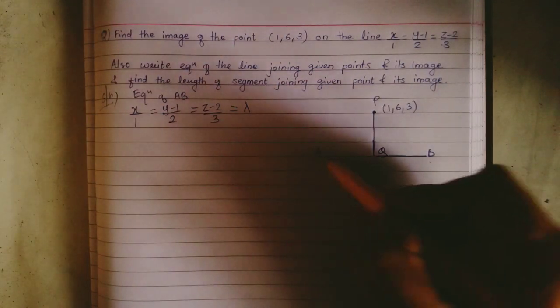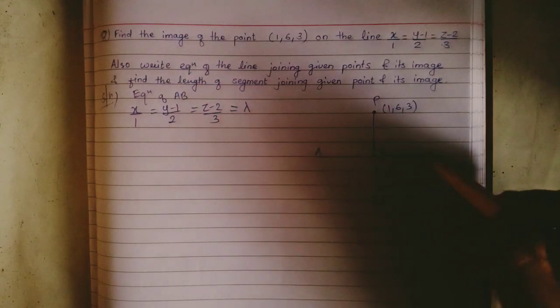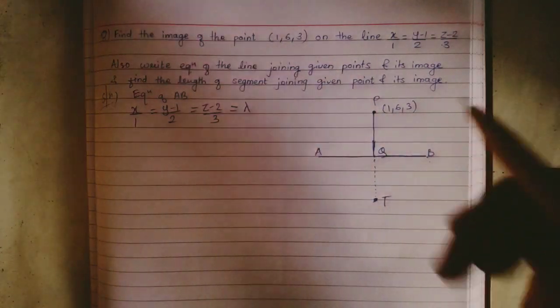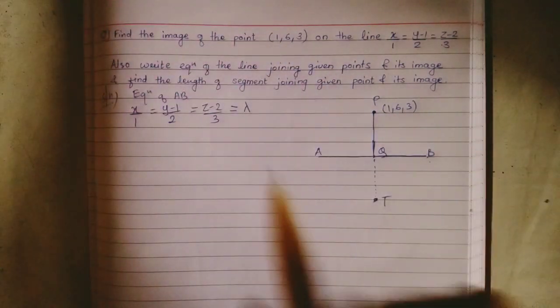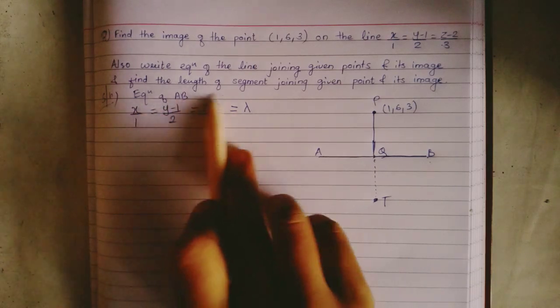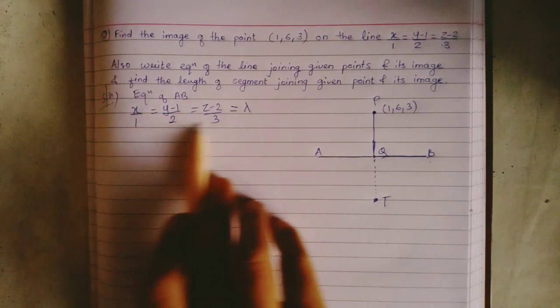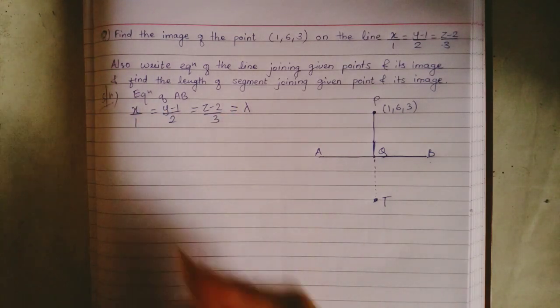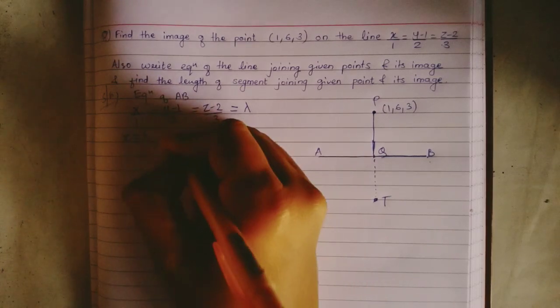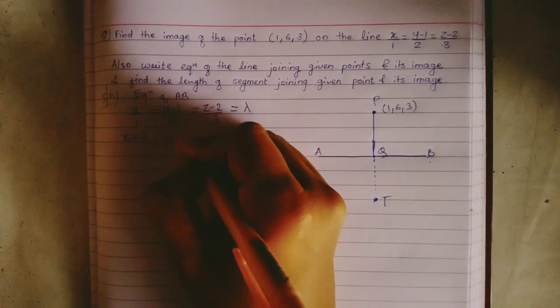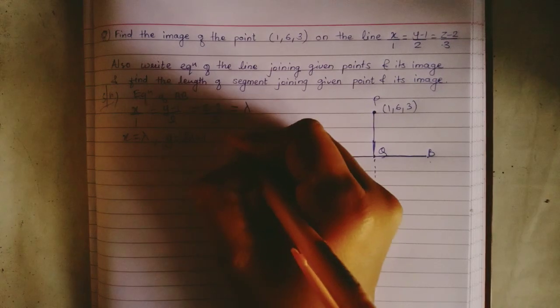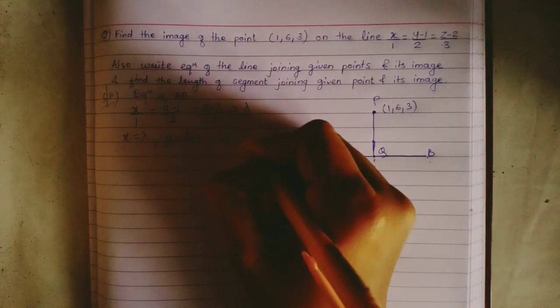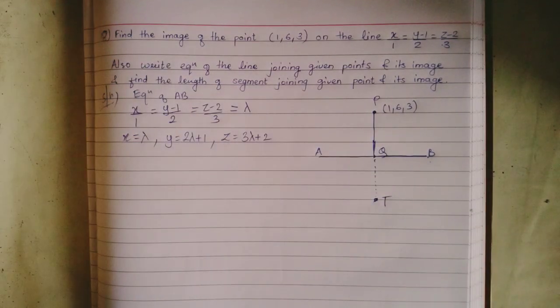Also we can find this point, the Q point, because Q is on the line AB. So we can write the Q point using this equation, substituting it equal to some lambda. We get x equal to lambda, y equal to 2 lambda plus 1 and z equal to 3 lambda plus 2.